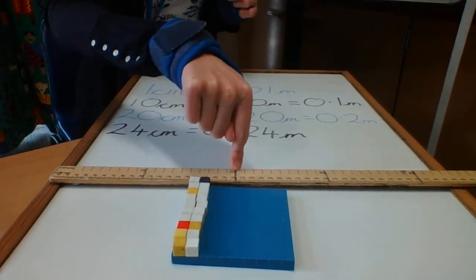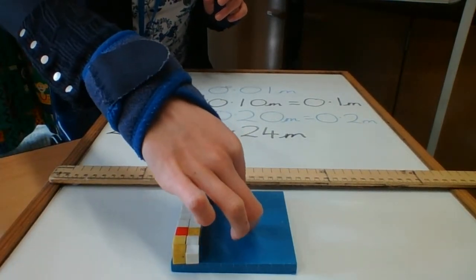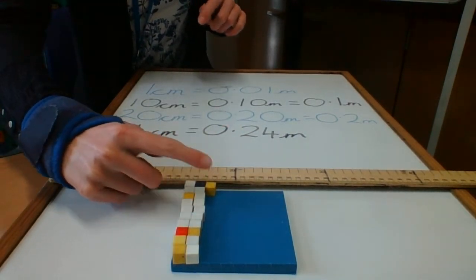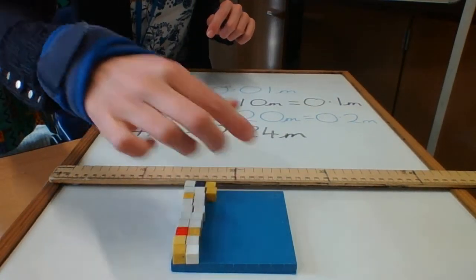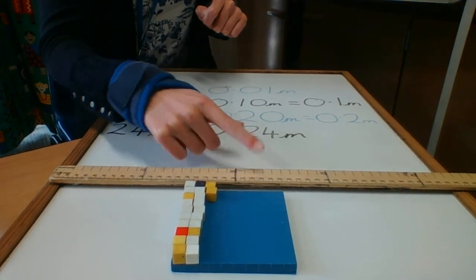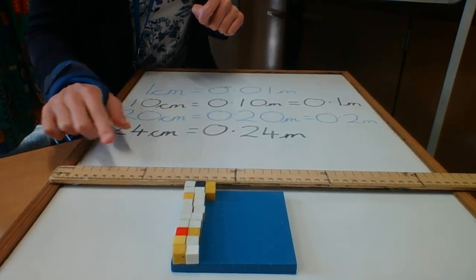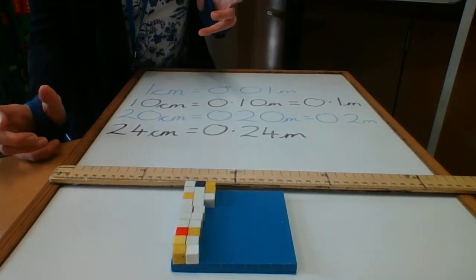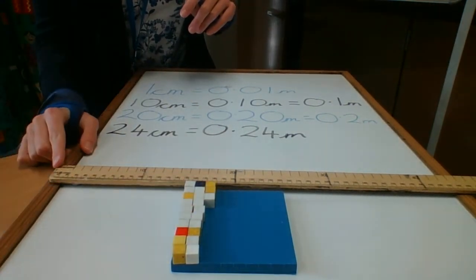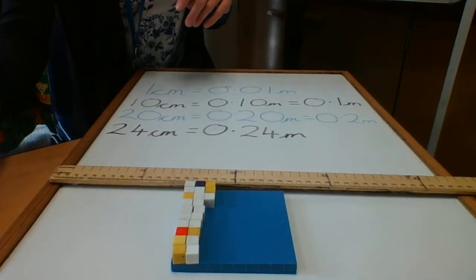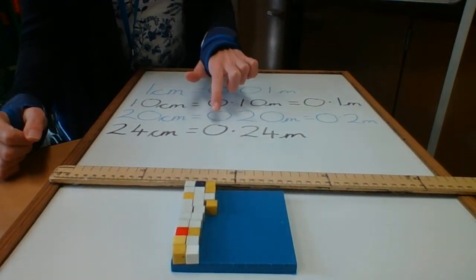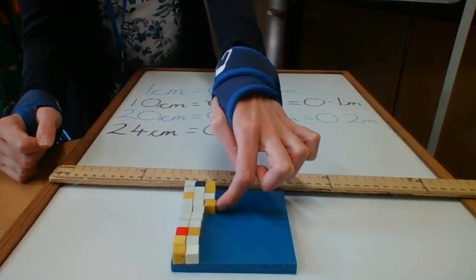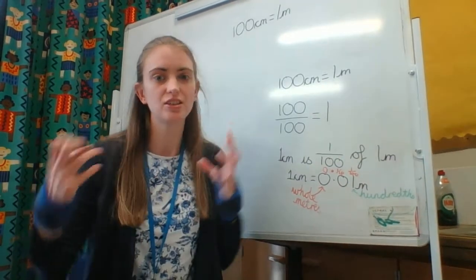So 21 centimetres is the same as 0.21 metres. 22 centimetres is the same as 0.22 metres. 23 centimetres is the same as 0.23 metres. 24 centimetres is the same as 0.24 metres.